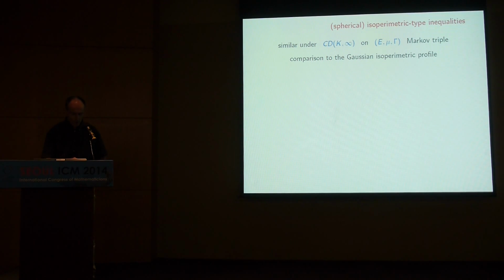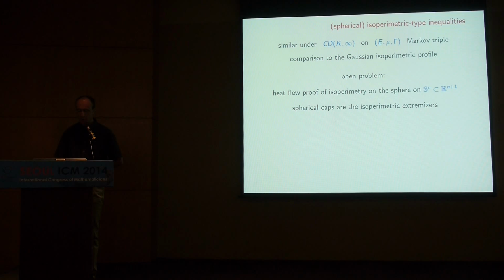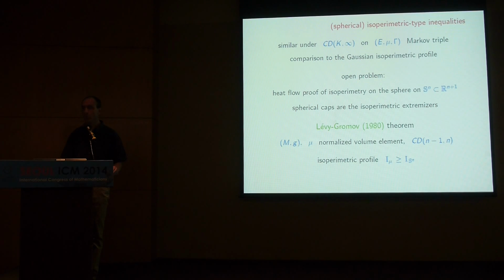One challenging question would be to provide a heat flow proof of the standard isoperimetric inequality on the sphere, for which extremal sets are geodesic caps, and more generally to reach the Levy-Gromov theorem, comparing the isoperimetric profile of, for example, a compact manifold with the same dimension and curvature as the standard sphere.